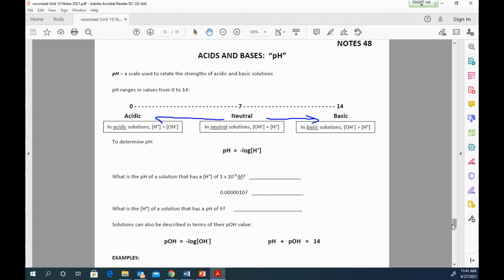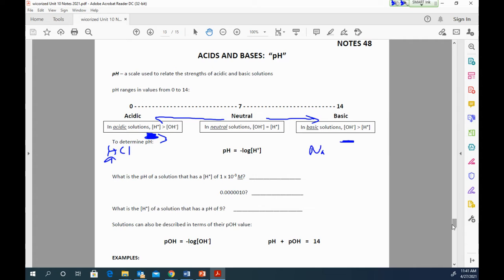Now, what it means in an acidic solution, remember acidic solutions are like HCl, they start with the letter H, we've learned that in our naming unit, and they have H plus ions in them, okay? So the more H plus ions they have, the more acidic the solution is. So if I have a solution and there's more H plus ions than OH, because OH is what makes something a base.